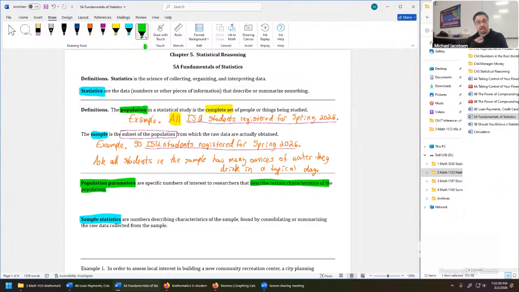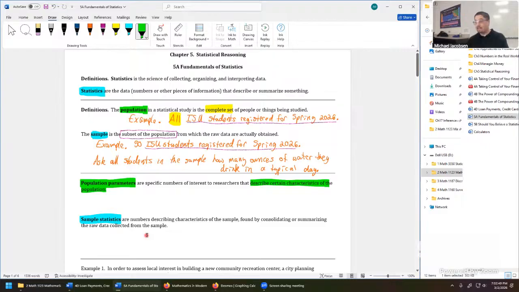So any number that describes a population, in other words, we call a population parameter, or sometimes just parameter for short. Well, we're going to figure out what the parameter is based off what the research question is all about, as defined here below the sample of 50 ISU students.